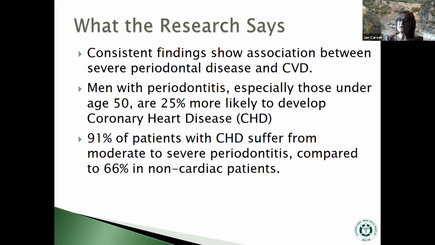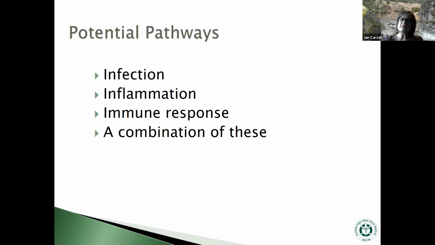And then we also show the association that 91% of patients with CHD also have moderate to severe periodontitis, which is a 25% jump from those who don't have moderate to severe periodontitis. Now the relationship here that I'm getting to is one of inflammation. That's going to be the primary focus of what I'm talking about today, the role of inflammation with periodontitis and heart health. But before we get there, I'm getting ahead of myself.